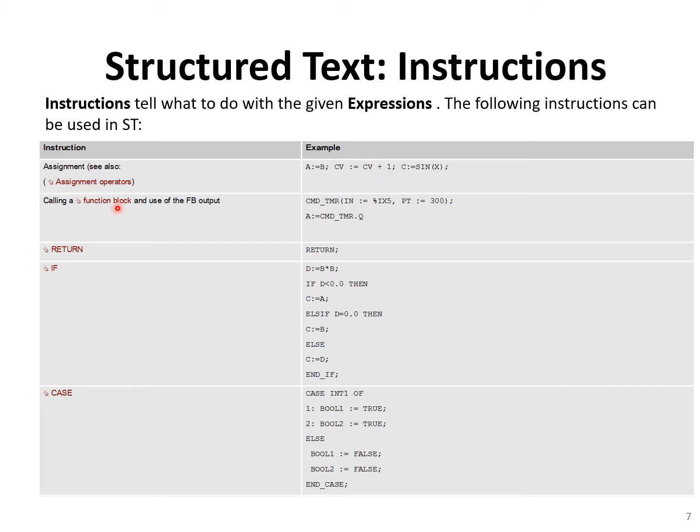Calling a function and use of the FB output. Okay, so here we are calling this function. This is an instruction, and then we have an assignment. Same for the return, if, and case.